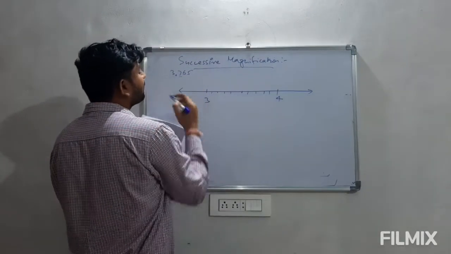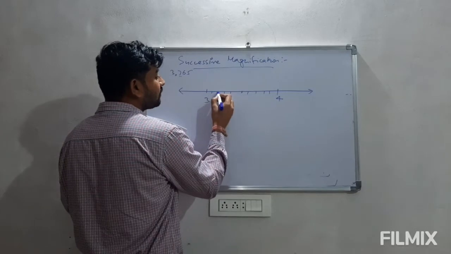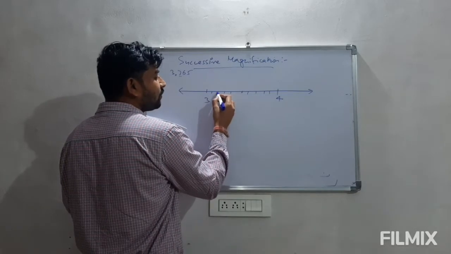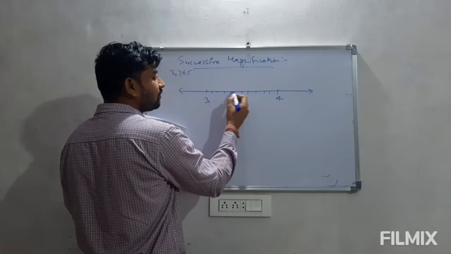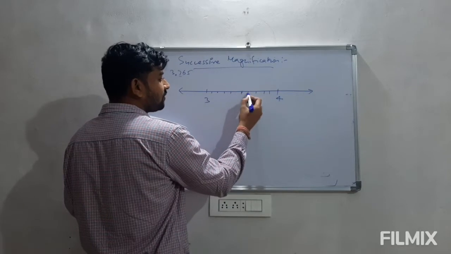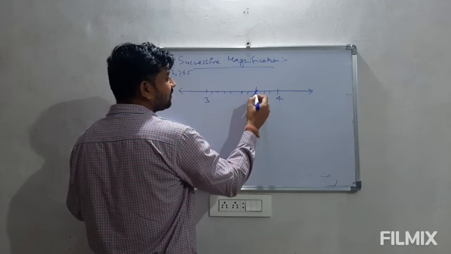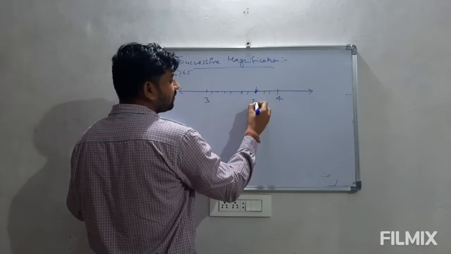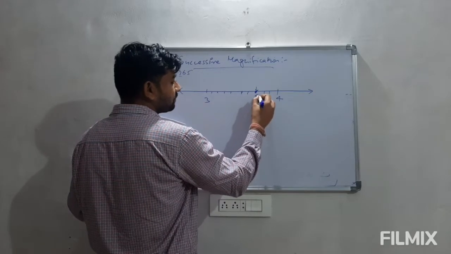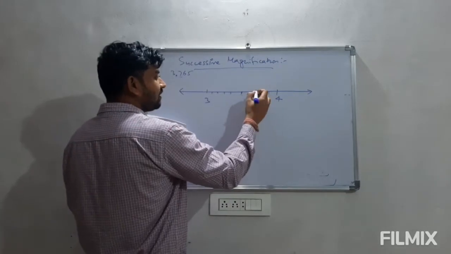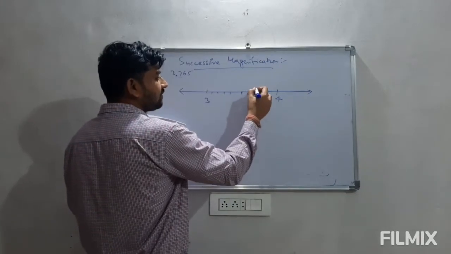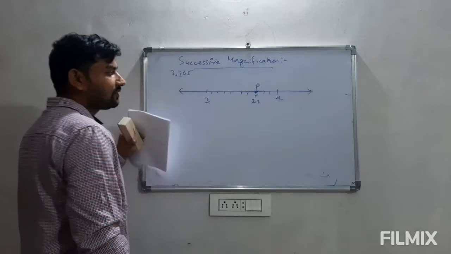So we have to go till 7. So this is 3.1, 3.2, 3.3, 3.4, 3.5, 3.6 and this will be 3.7. So this is the number which we want to locate here. This point on the number line is 3.7.